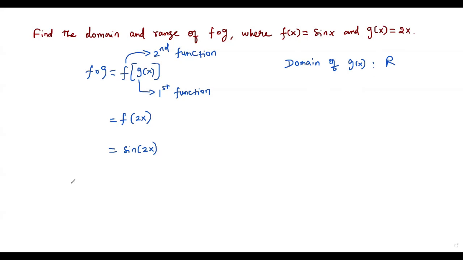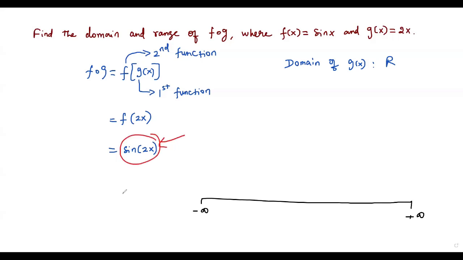So how do we conclude what the domain of the given composite function is? For that, let me draw a real number line which represents a domain. Here I'm taking negative infinity, and here positive infinity. First, I'm going to draw the domain of the result of the composite function. It's all real numbers, so I have to draw the entire region from negative infinity to positive infinity.